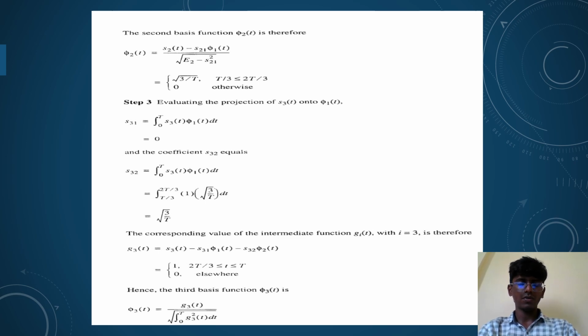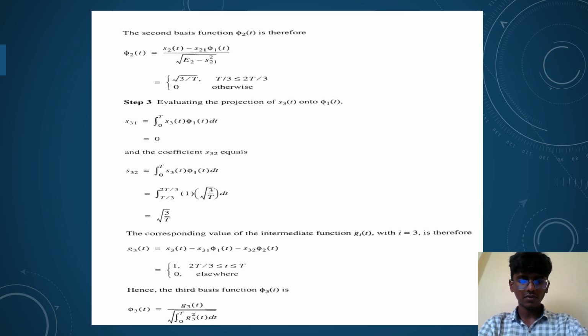The next step, step 3, is evaluating the projection of s3 of t onto phi1 of t. S31 is equal to the integration 0 to T of s3 of t phi1 of t dt. From the simplification, s31 is equal to 0.